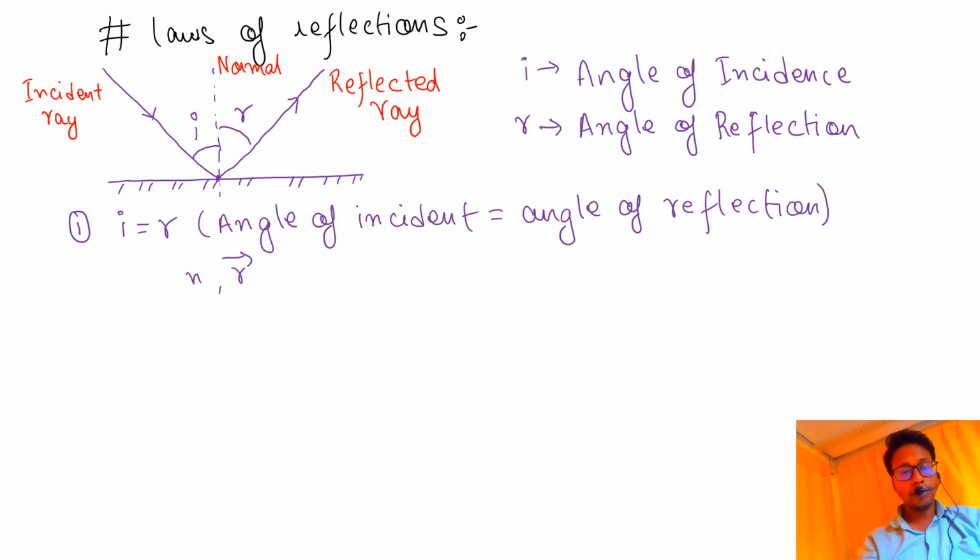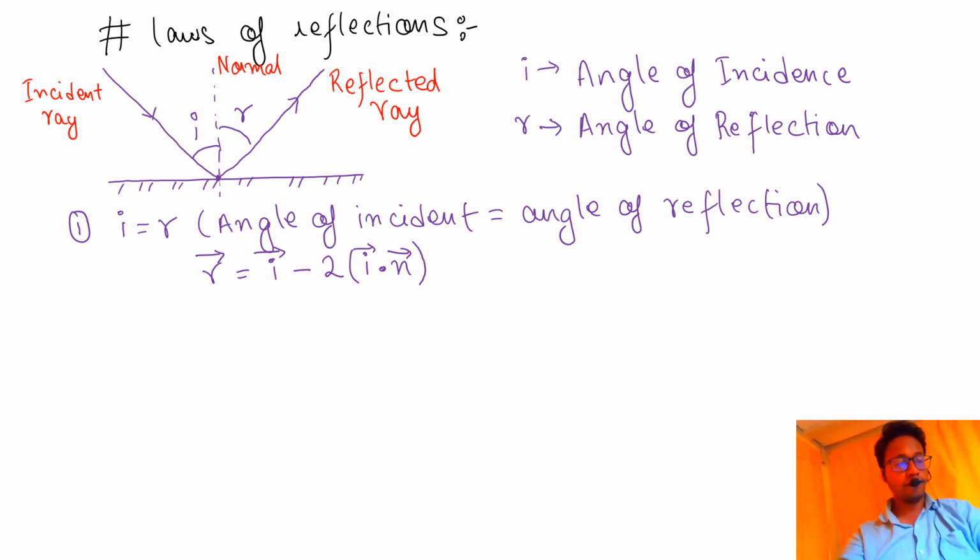So this same line, angle of incidence is equal to angle of reflection, can be written mathematically as: reflected ray vector is equal to the incident ray vector minus 2 times (incident ray vector dot normal vector) times the normal vector.